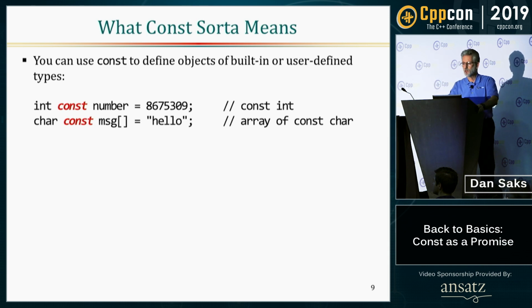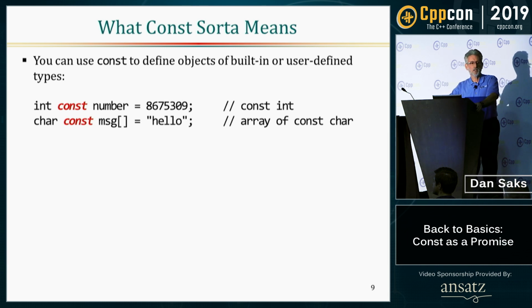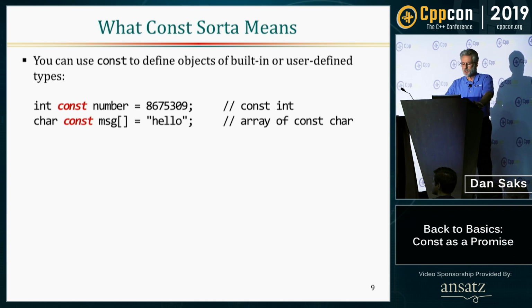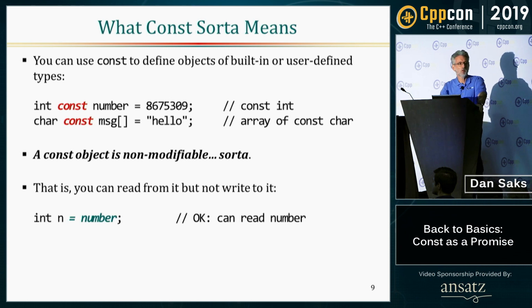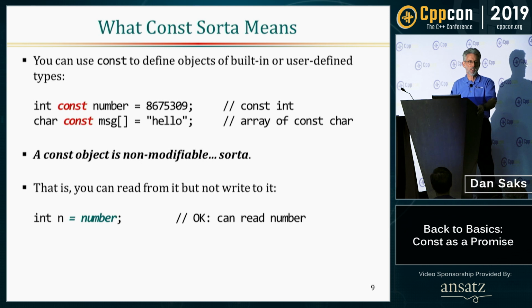Okay, so what's the basic part is what most of you already know, which is that when you use const to define objects, what you're doing basically is saying, I want these objects to be non-modifiable. Now notice I throw in the colloquial "sorta", because I don't want you to get too wedded to this yet. It's going to take most of the hour to get the truth out about what const really means.